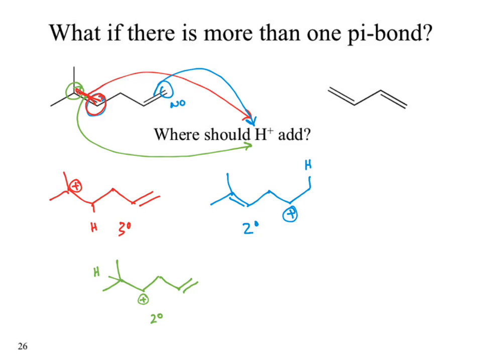Secondary, which is more stable? The tertiary, which means the red position's the one that reacts. When I react that structure with H+, how many products do I get? 1. I only get the one forming that more stable carbocation.